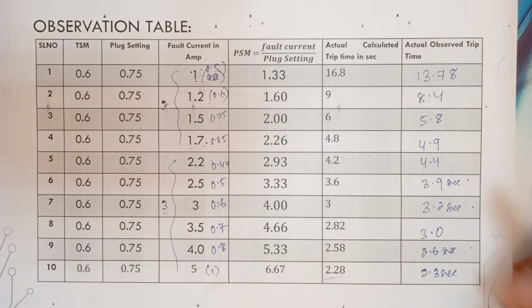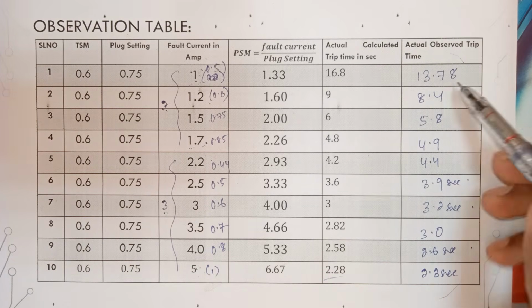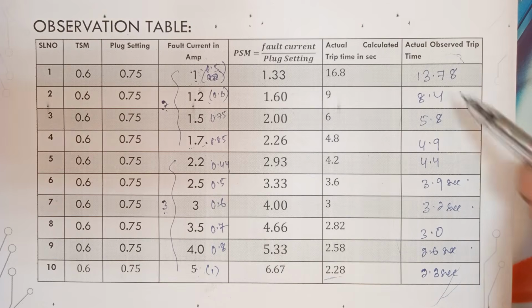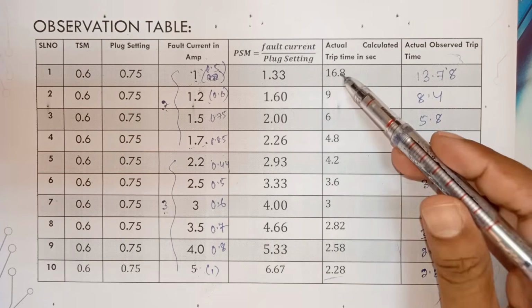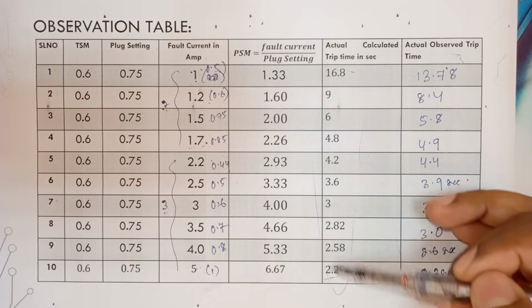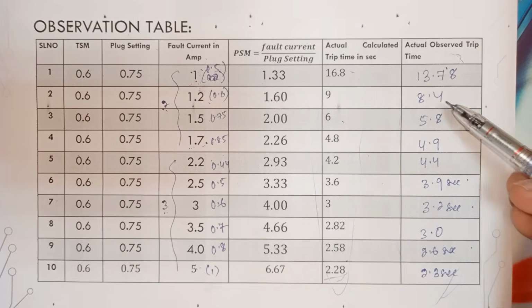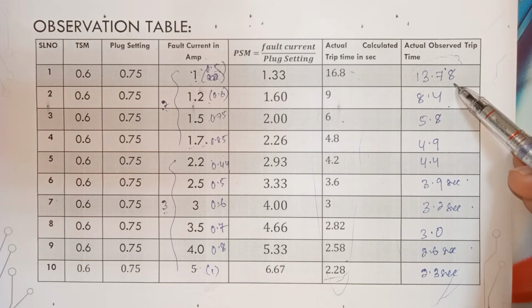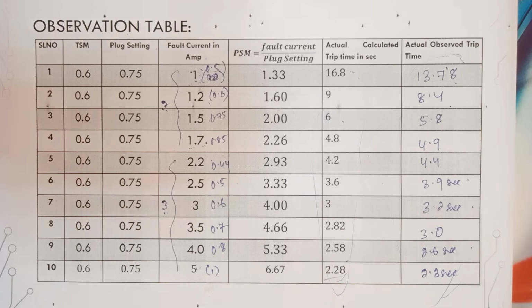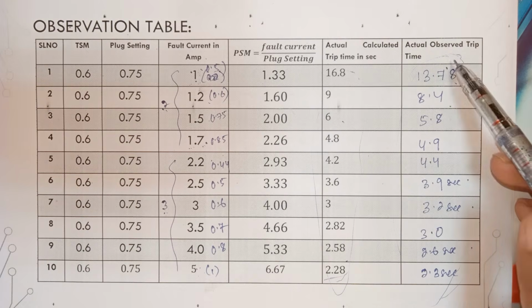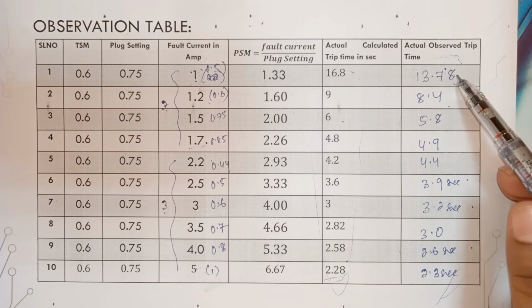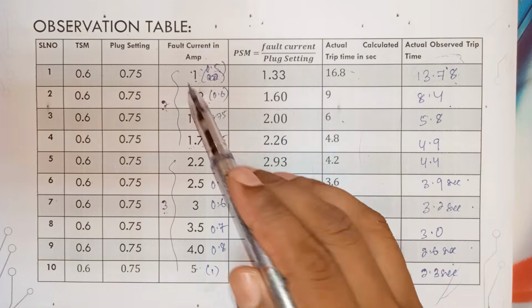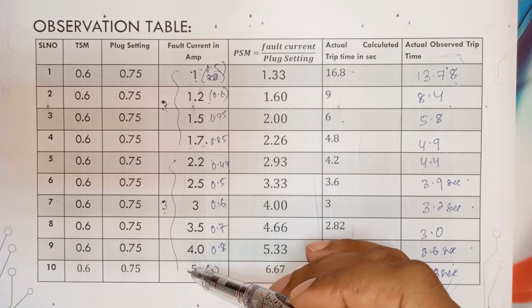So in this way we have taken 10 observations, and in the observations we can see that whatever time we have calculated from the scale, it is nearly equal to the actual trip time of the relay. Also we can observe that the trip time is reducing when we are increasing the current.